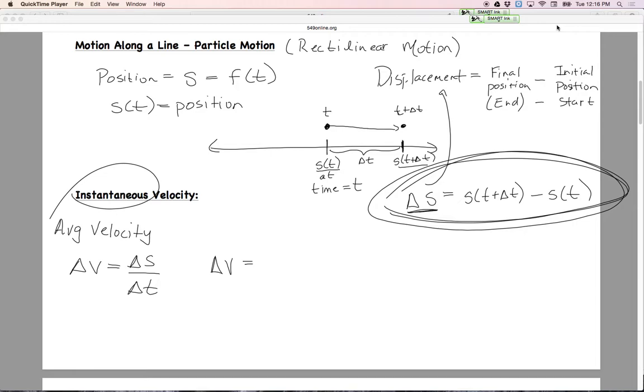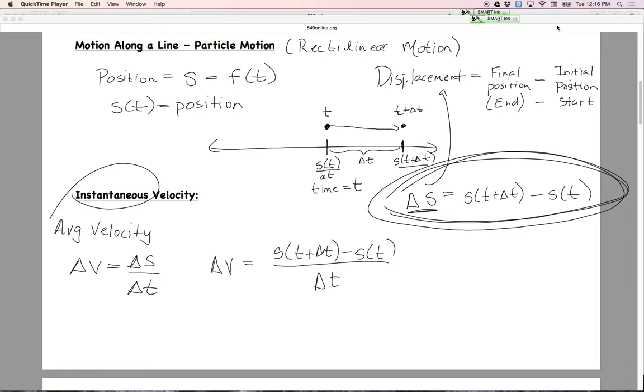We know what change of S is. How did you calculate change in S? How did you calculate displacement? S of t plus delta t minus S of t, over what? Delta t. Oh my gosh, this is starting to look like something familiar. What is this? It's the derivative thing.